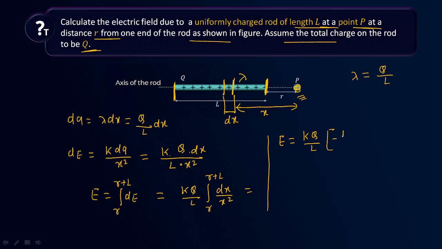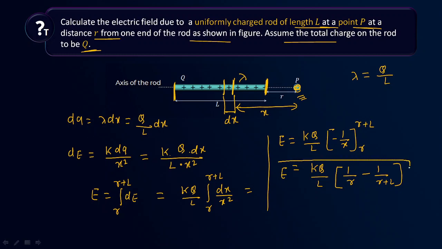So it will be equal to minus 1 by x from R to R plus L. So this will be equal to k Q by L into 1 by R minus 1 by R plus L. So this is our electric field at point P. This formula is for when we have to find the electric field along the length of the rod, right? Okay.